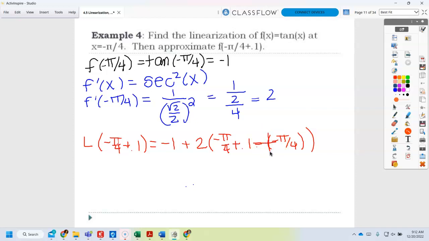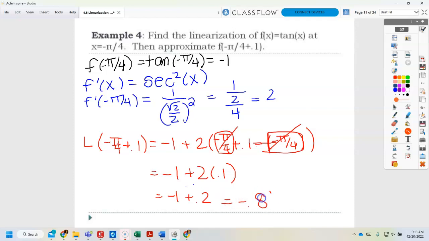It becomes a plus. You have -5/4 and +5/4. They are additive inverses, therefore you get 0.1. So we get -1 plus 2 times 0.1. So -1 plus 0.2 gives me -0.8.